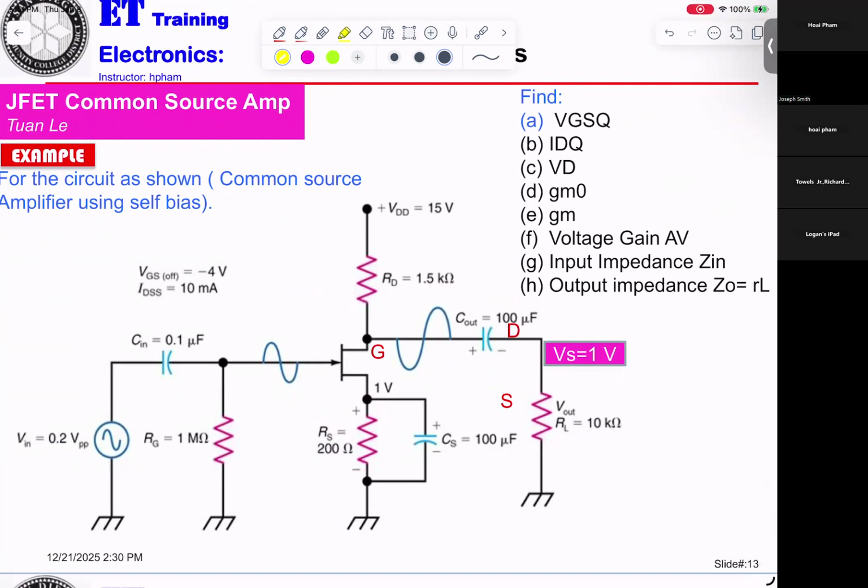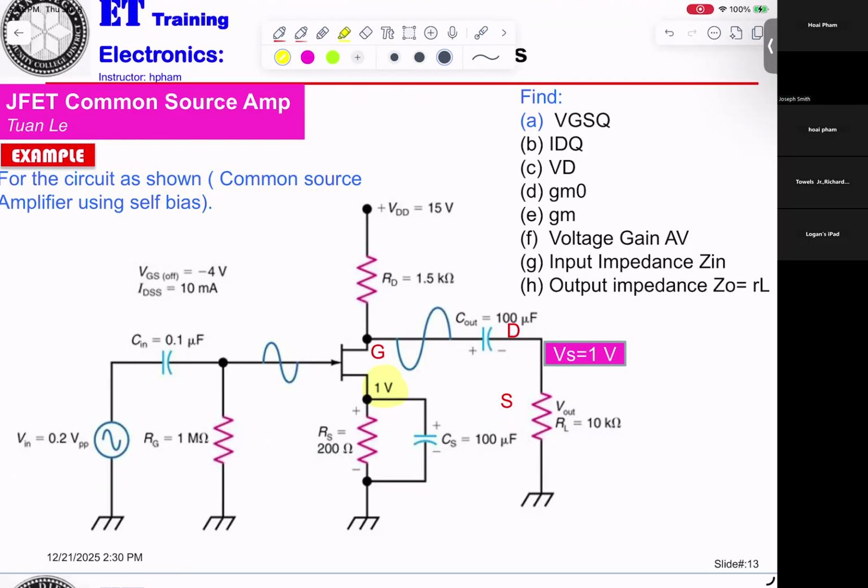This is just an example. What they give you in this circuitry, they are using self bias. We don't need the graph, that's why they have to give it to you. V in, Vs, 1 volt. In this case, you can get a load.